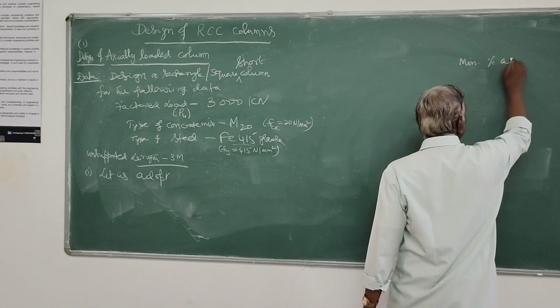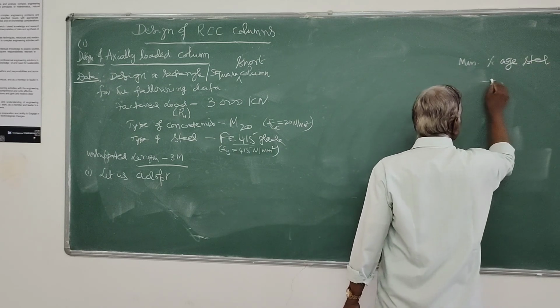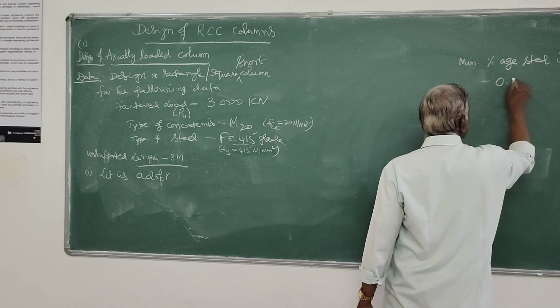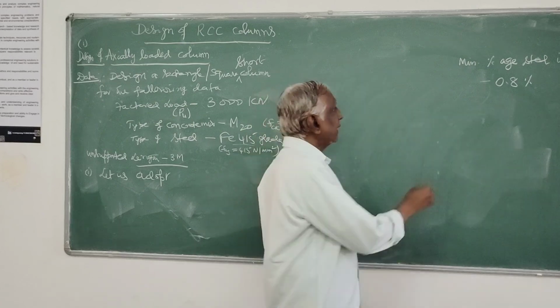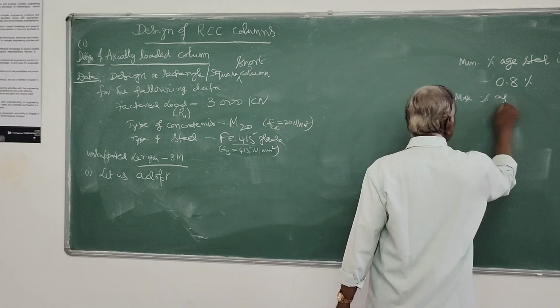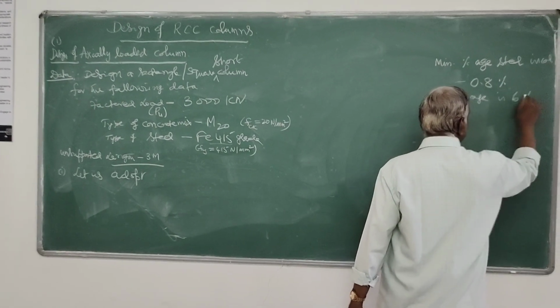This is very, very important. The minimum percentage of steel in a column is 0.8% and the maximum percentage is 6%.